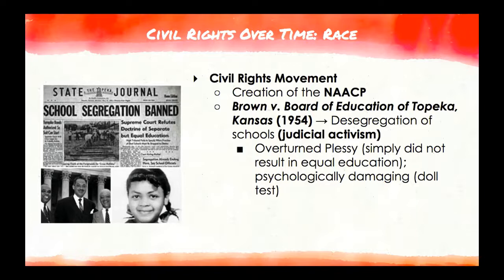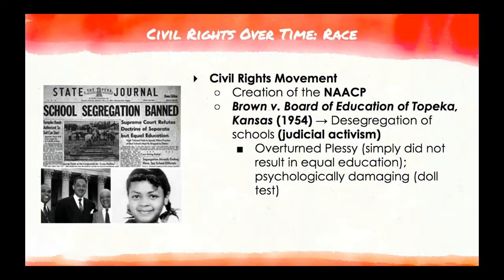And the lawyers for Brown v. Board actually brought in sociologists and conducted a study of the doll test. So in the courtroom, they had little girls who were African American, and they put in front of them two dolls. One was white, one was black. They were identical. And what they did was ask them to identify who the nice doll was, and every single one of them pointed to the white doll versus the doll that looks bad.